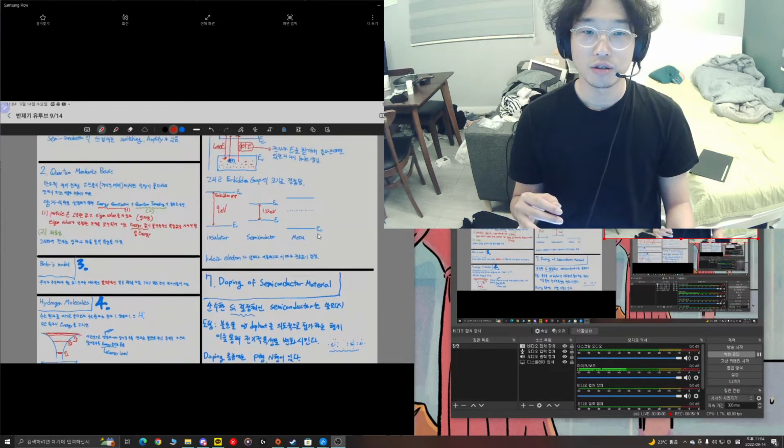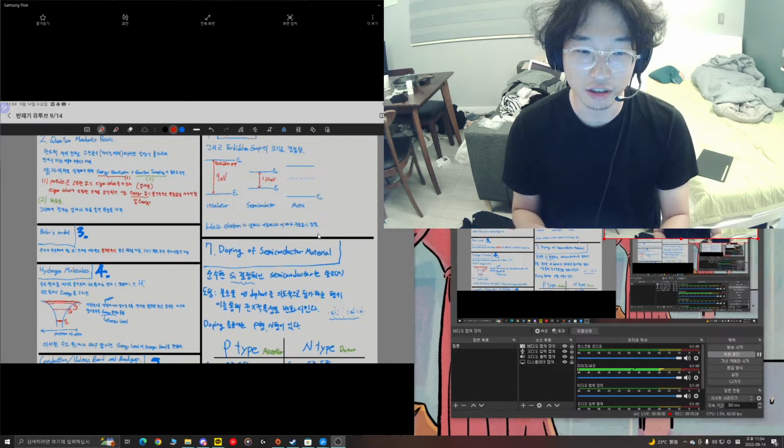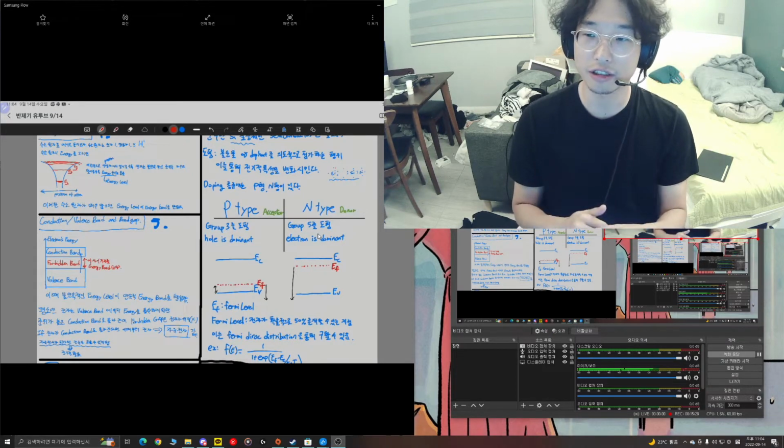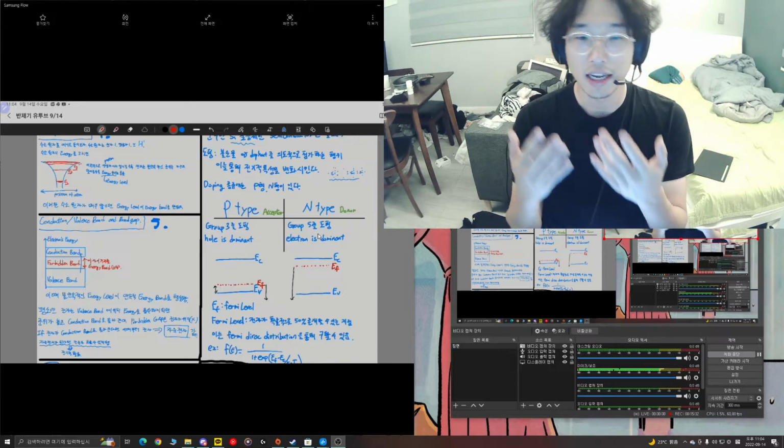And to move electrons well in a semiconductor, we have learned about doping. In doping a semiconductor, there are two different types, which are p-type and n-type.